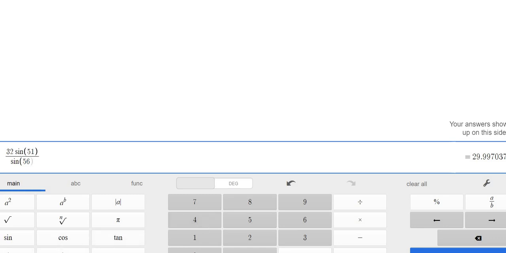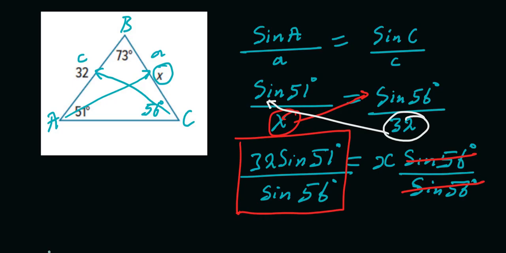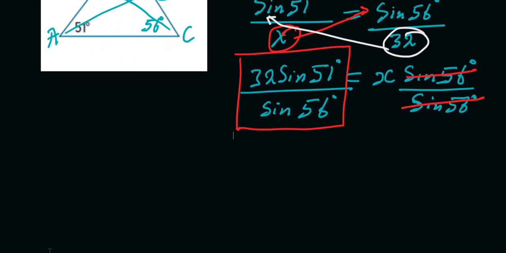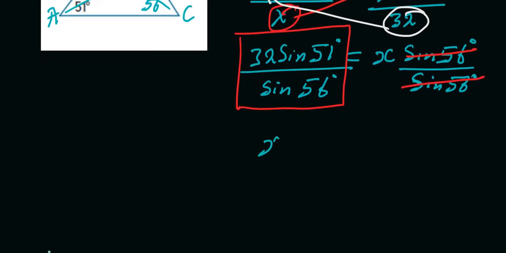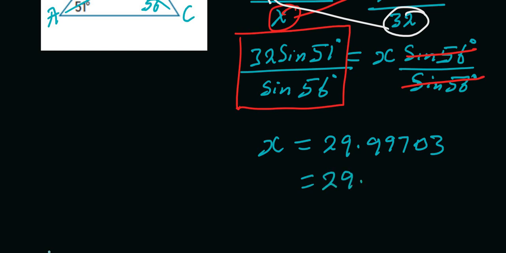Okay, so x will be equal to 29.99703, and to the nearest tenth, automatically this is going to give us 30.0.